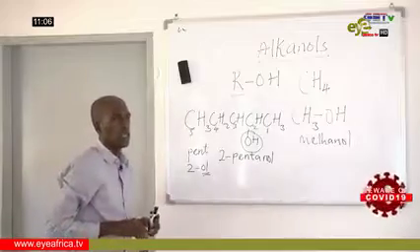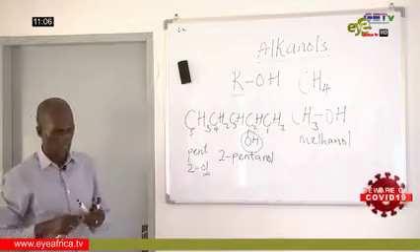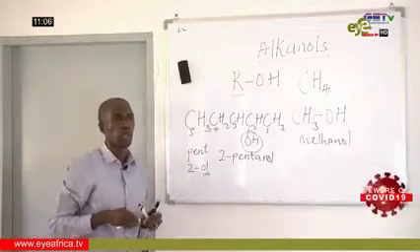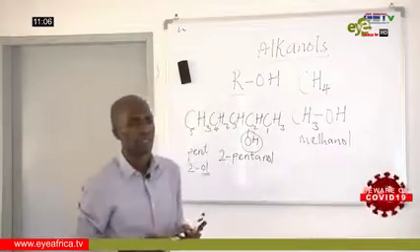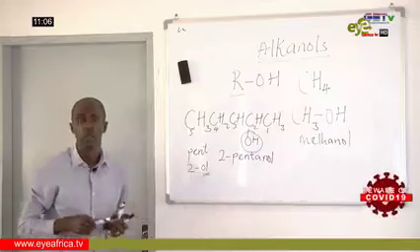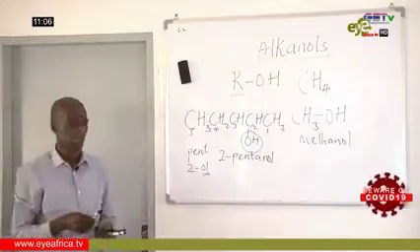In numbering the longest continuous chain, the position of the hydroxyl group is given the lowest possible number. That is, it takes precedence over alkyl groups and halogen substituents.